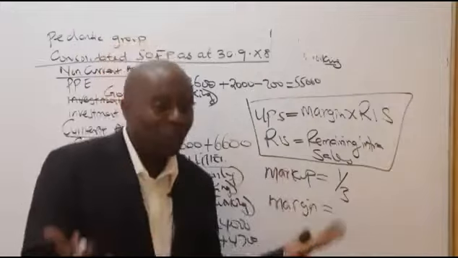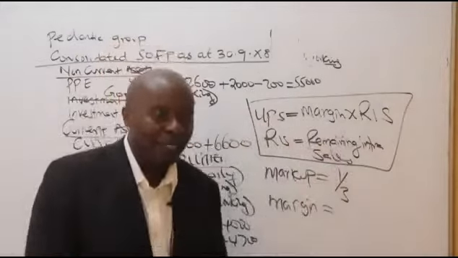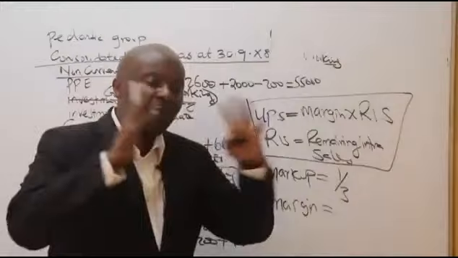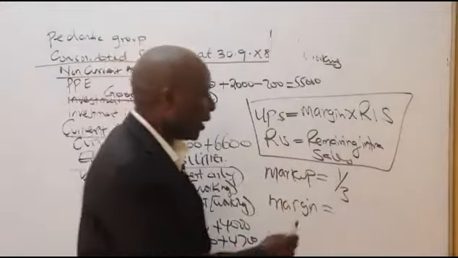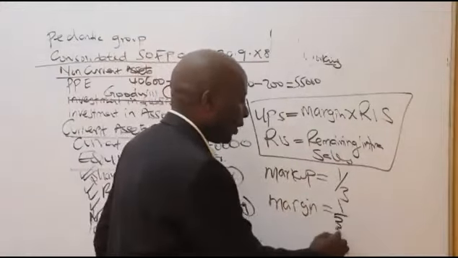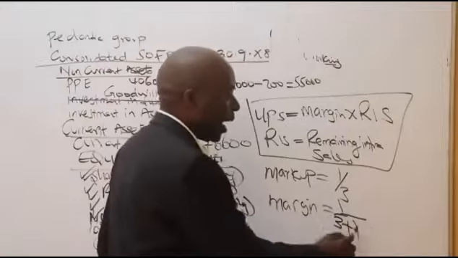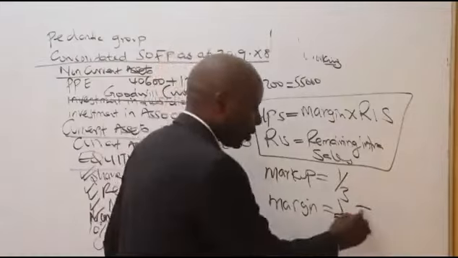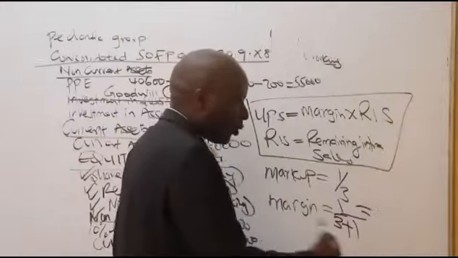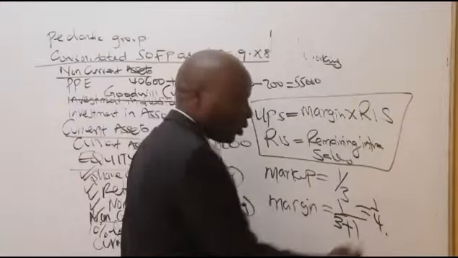Why? Because margin must always have a bigger denominator. What they've done to get that quarter is take 1/3, plus 1 to increase the base of the margin. That's how they got a quarter.